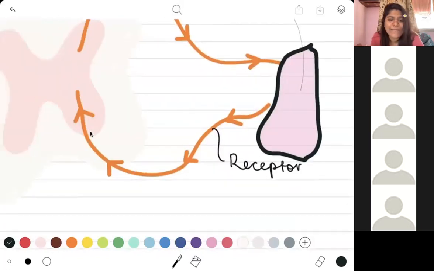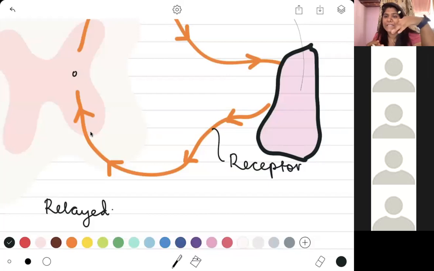Once this message has been relayed, what does it mean by the message being relayed? It means that the message has been transferred from one particular organ to the other, and there is movement of this message from one form to the other.